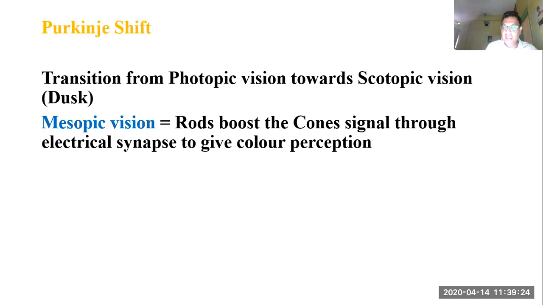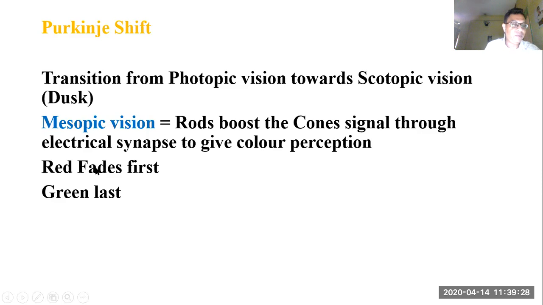But what happens is that gradually red fades fast. Now let's take an example. Suppose we have a rose bush and we have red roses on that bush. So initially in mesopic vision, the red roses will start to darken and they will become gray and black. And then after that, the green leaves will become gray and black. And then it will be all black.